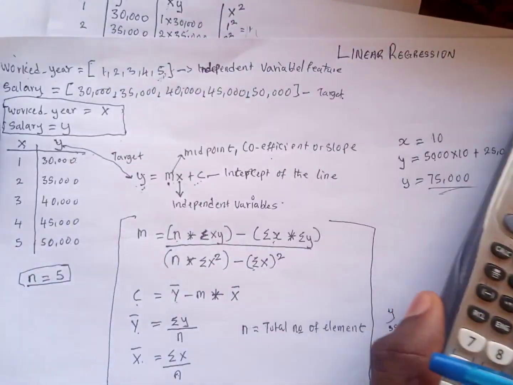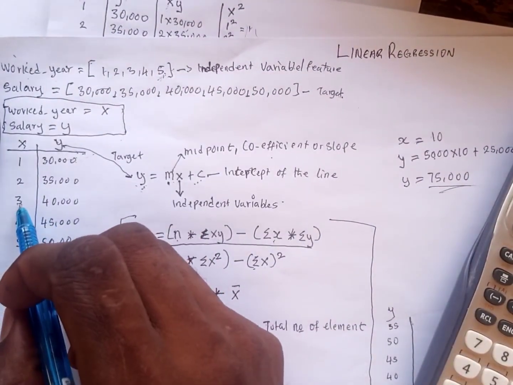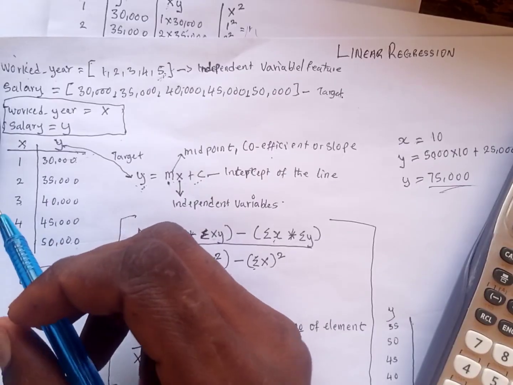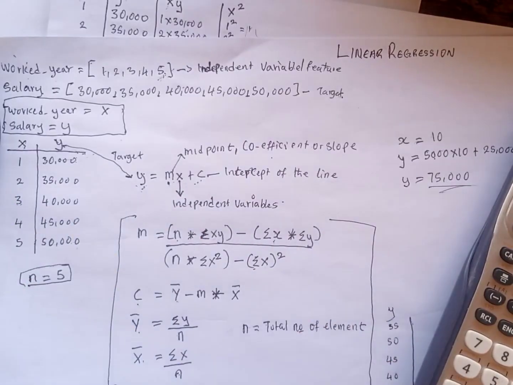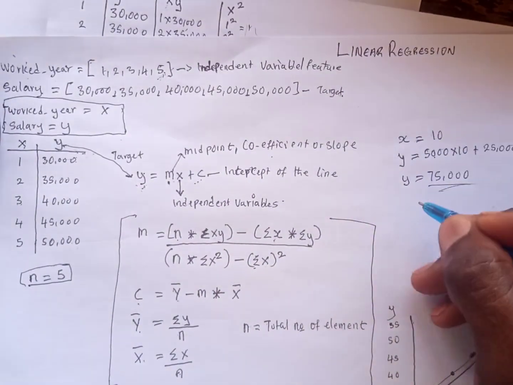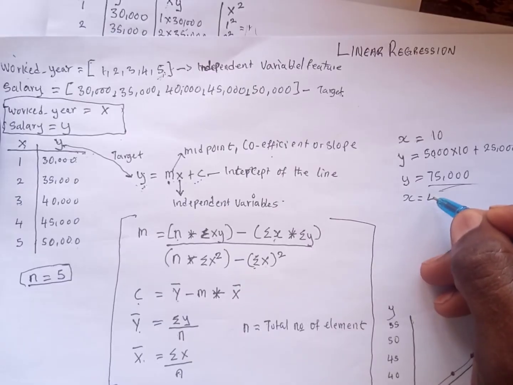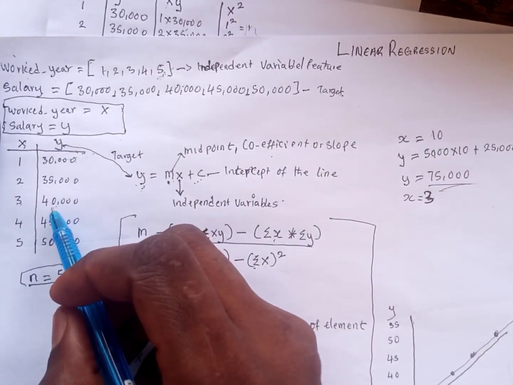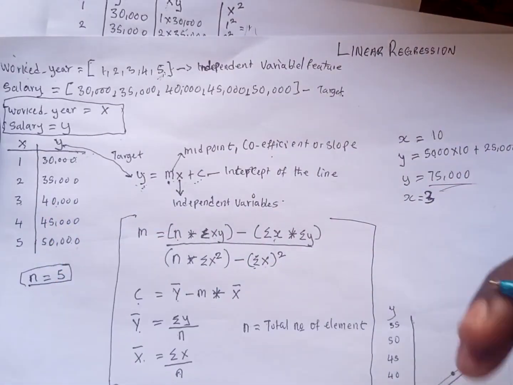But let's try to test this and see whether it actually works. Let's try to play with our model. Let's give it our x. I want to set our x to be 3 years. Let's say we work for 3 years. We know that it should give us an output of 40,000. Let's see that.